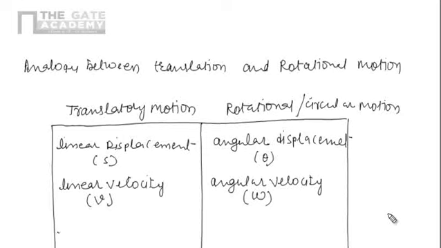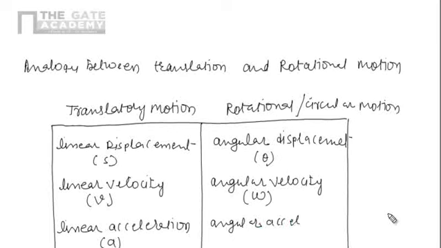In case of translatory motion, we have linear acceleration, which is denoted by a. Here we have angular acceleration, denoted by alpha.